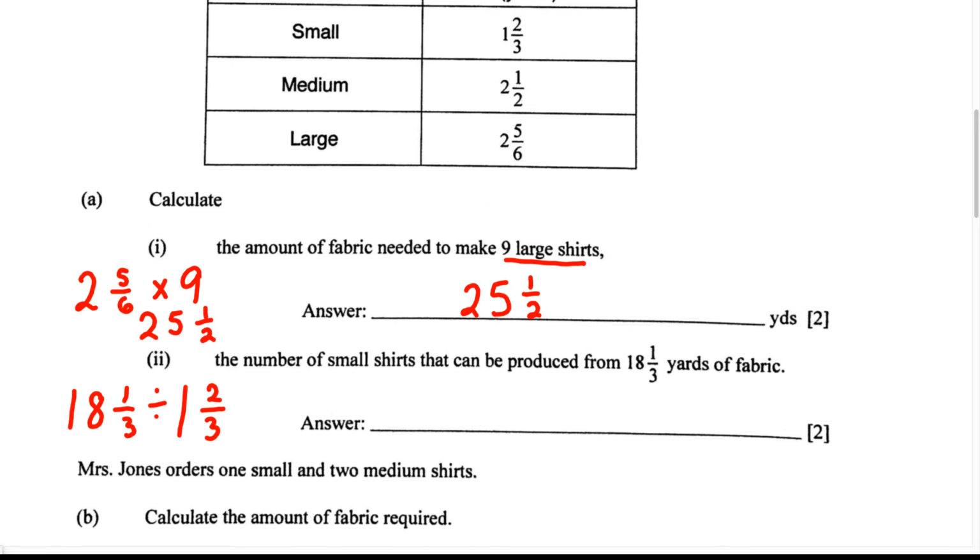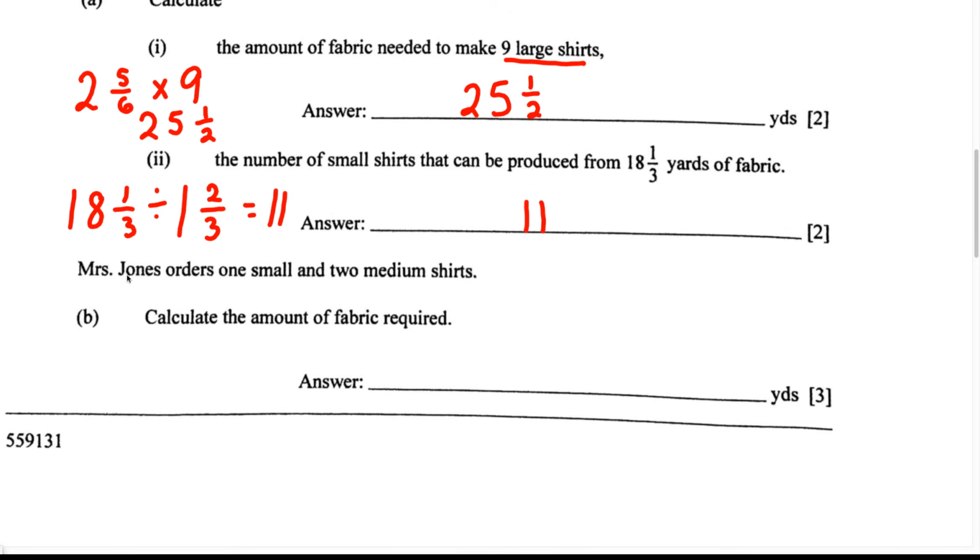Now when we put this in our calculator, we're going to say 18 ABC 1 ABC 3 divided by 1 ABC 2 ABC 3 equal. We should get 11. Therefore, the number of small shirts that can be produced from 18 1/3 yards of fabric is going to be 11. This is our answer.